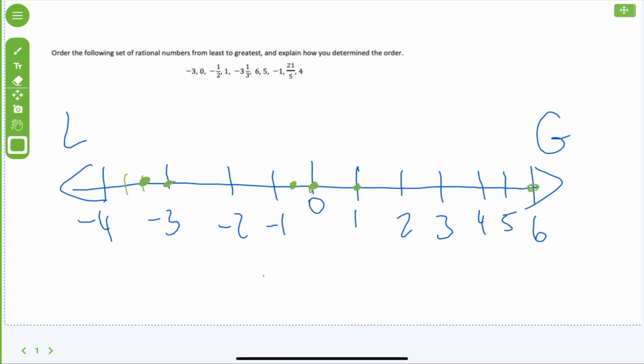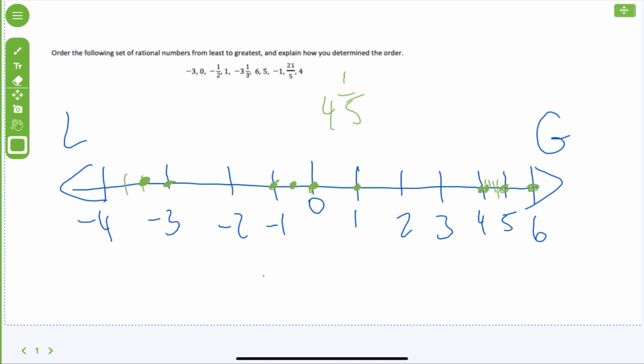Now 6. Now 5. Now negative 1. And 21 over 5 is 4 1/5. So we would have to break this up into fifths. And that would go there. And then we'd have our 4 right beside it.